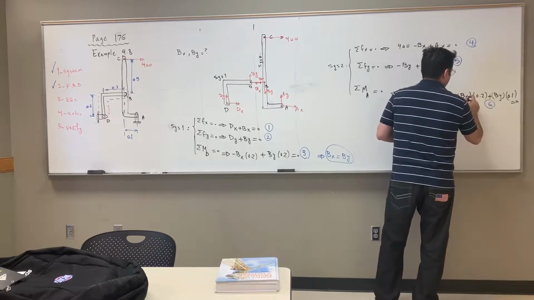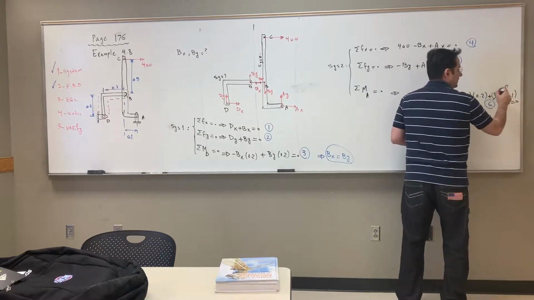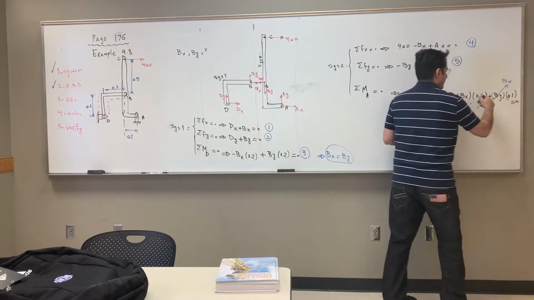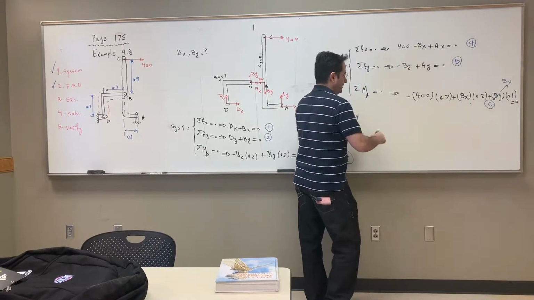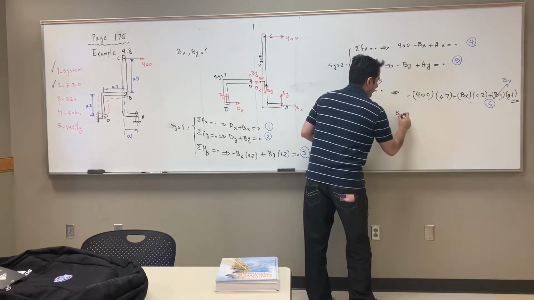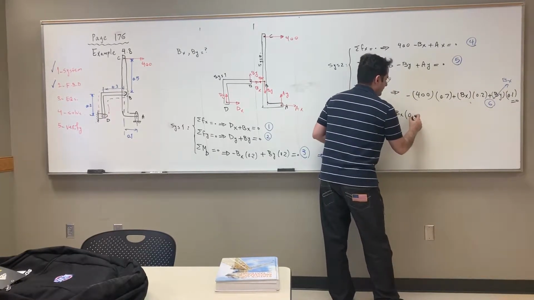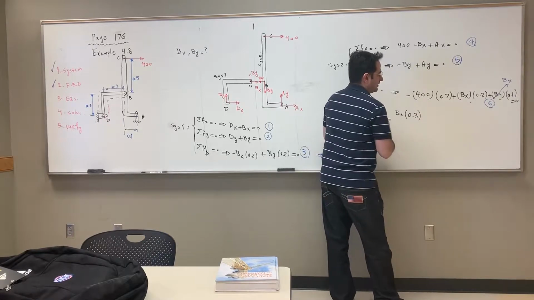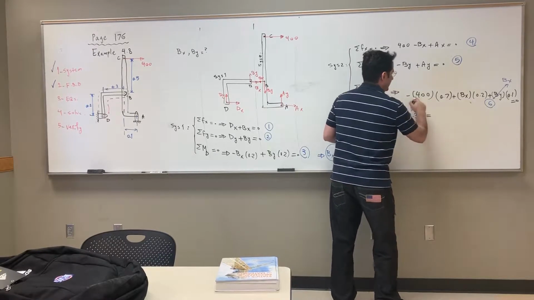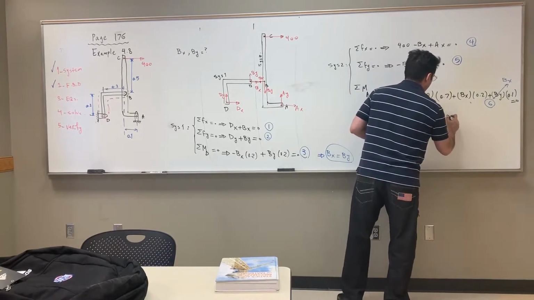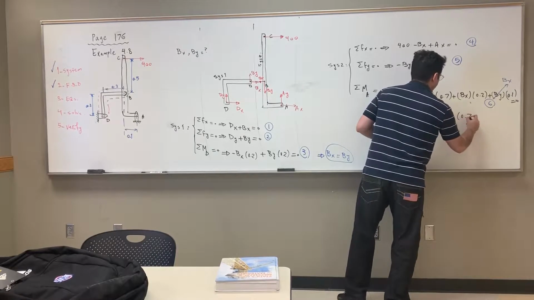Let's just put Bx. So this equation would simplify to Bx times (0.2 plus 0.1) equals 0.3 Bx, which is equal to, taking this to the other side, 400 times 0.7.